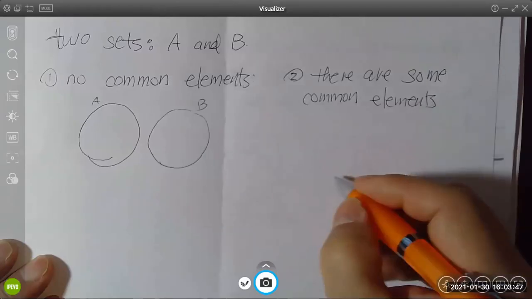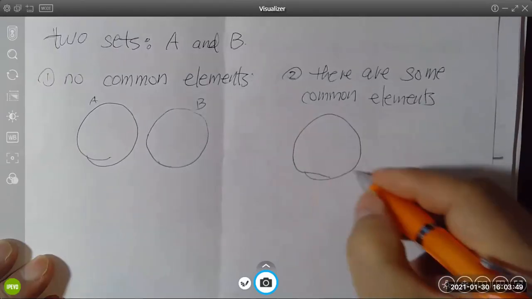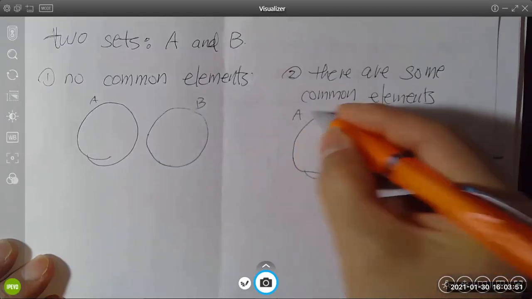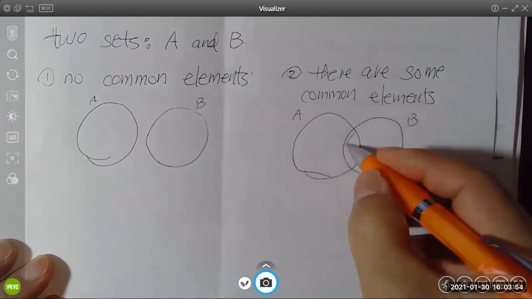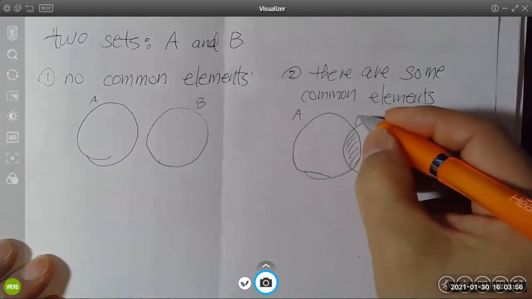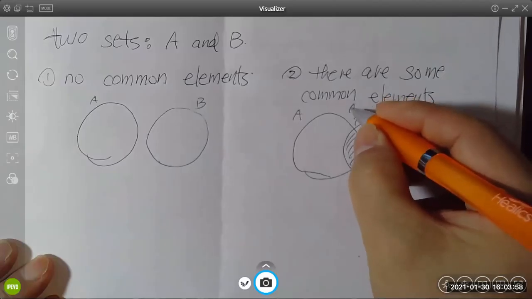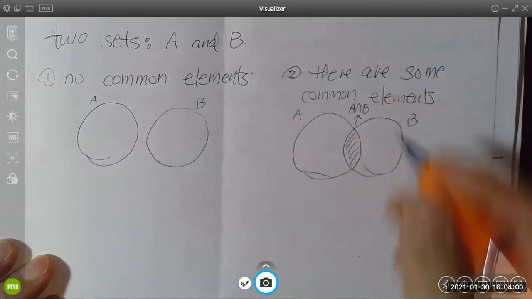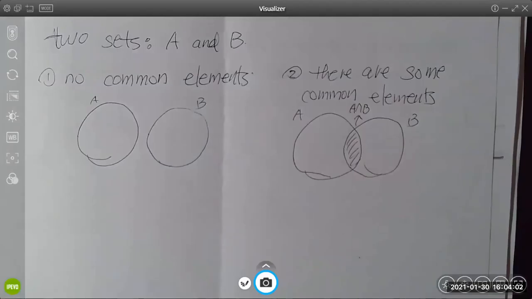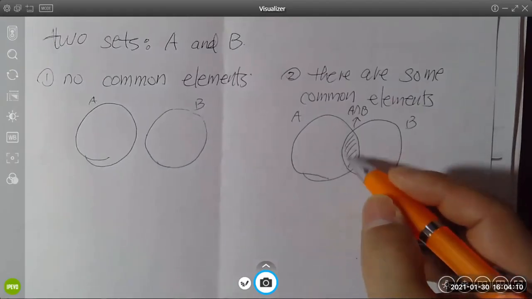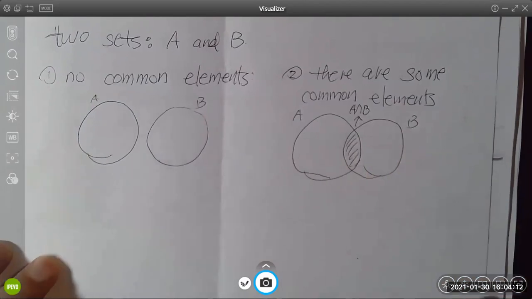So we can draw it this way. Set A, set B. So this part indicates the common elements, A intersection B, right? We learned this before. That's the meaning of the intersection set. You have some common elements between the two sets, indicated by this common area, which is the intersection between the two sets.